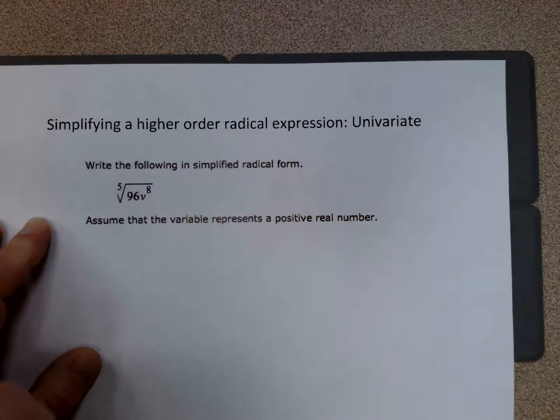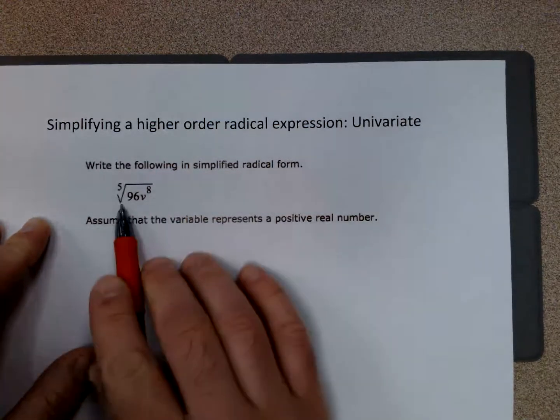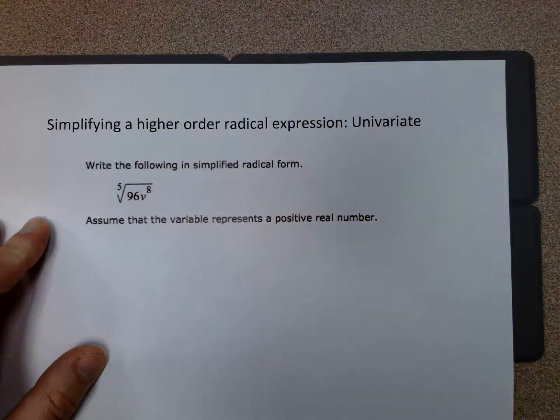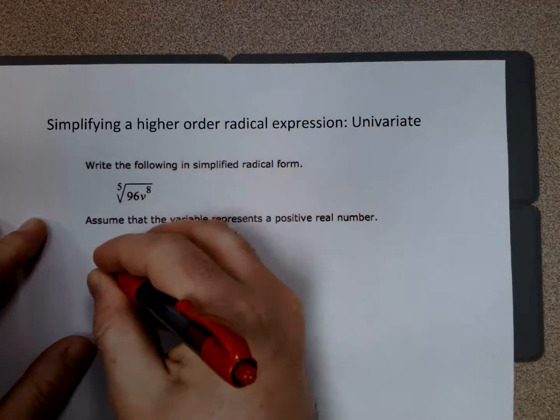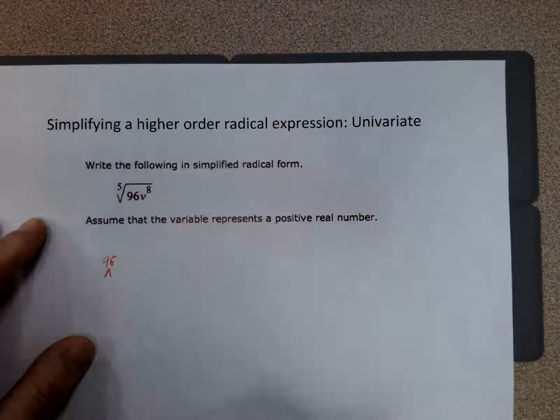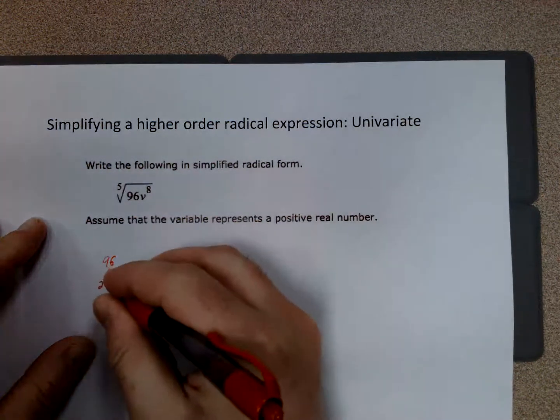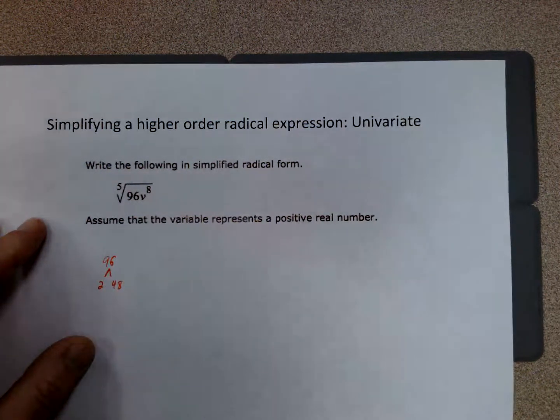So just like when we had square roots, I'm going to take this 96 and make a factor tree and try to find the prime factorization of 96. So let's go ahead and do that. We have 96, and it is even, so we can always just start with 2 times 48.